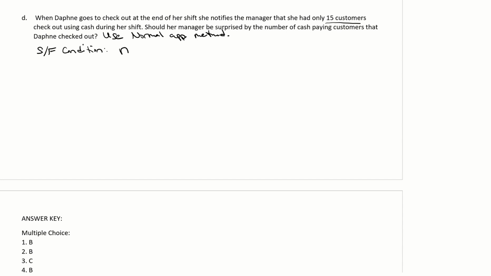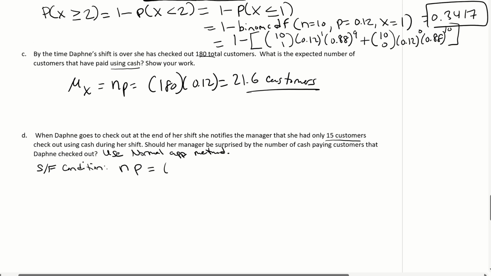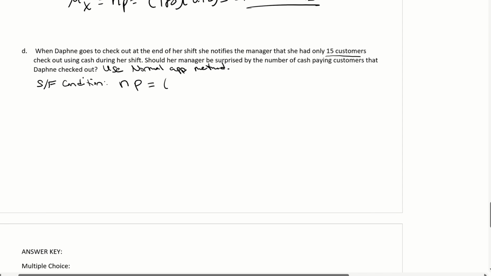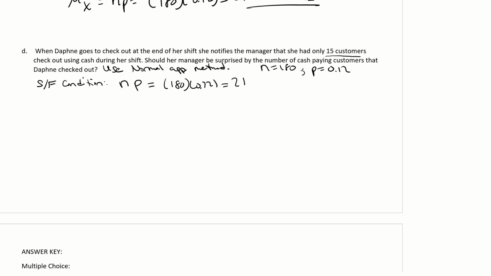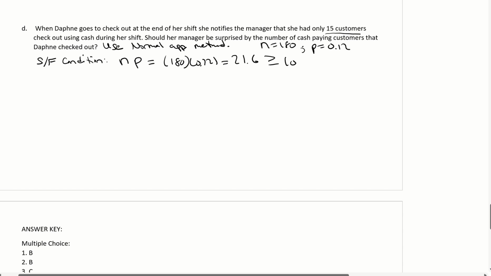So in this case, remember by the time of Daphne's shift, she has checked out 180 total customers. So that's my n. So let me write that here. n is 180, p is 0.12. Okay, so 180 times 0.12, but we did that up here, so it's 21.6, and that is greater than or equal to 10.